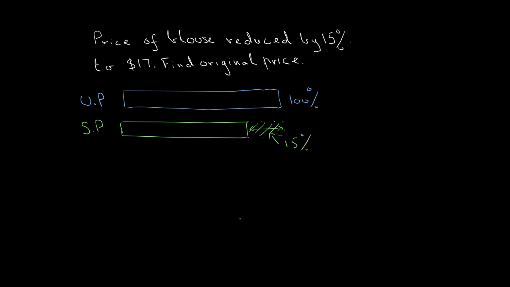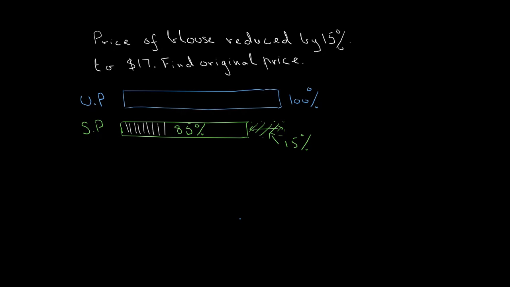Since this portion is 15%, I know this portion has to be 85% because 85% plus 15% would make 100%. By 85%, I'm really breaking this up into 85 small pieces.